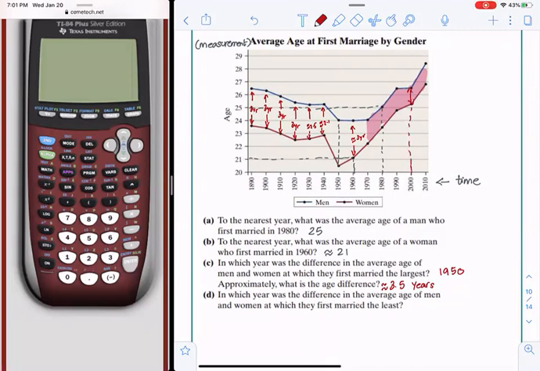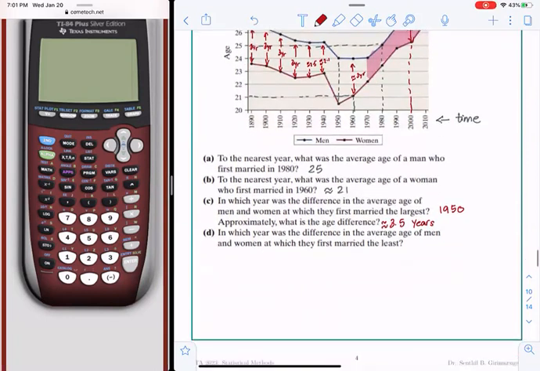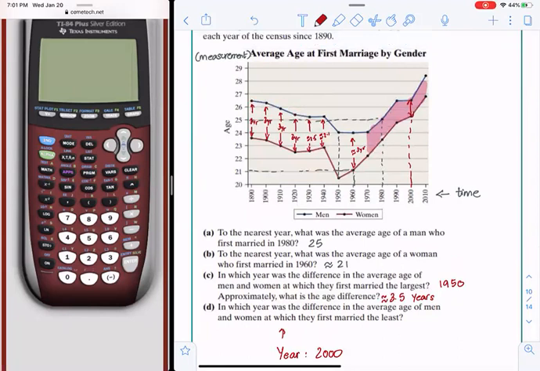And you could do the same process that we did previously with the largest gap. So the narrowest gap happens in the year 2000. And the approximate difference that we see would be 25.5 approximately here.